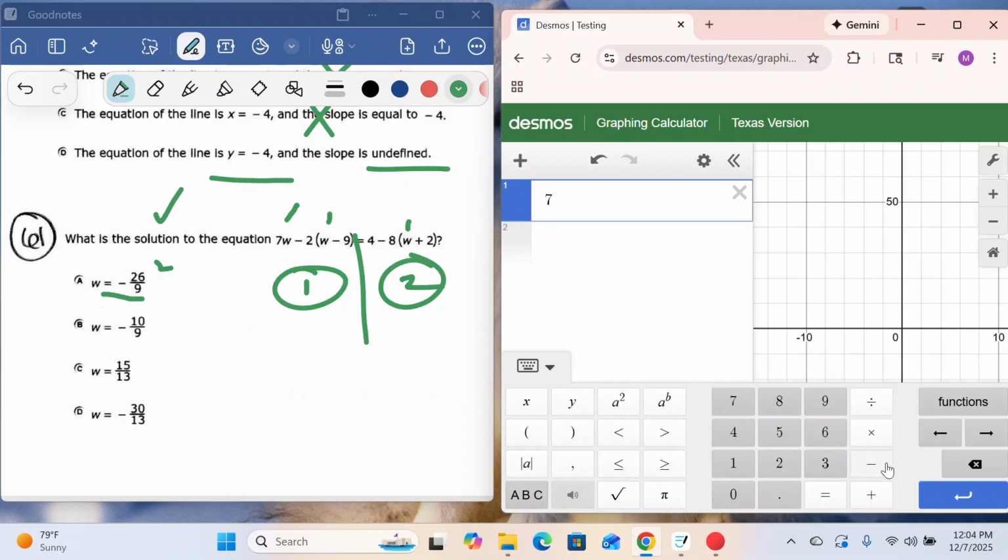7 times -26, and I forgot my minus, so I got to do 7 times -26 divided by 9. And then I got to do my space. I'm going to put my space there. And then I'm going to do -2, open parentheses. W is -26 divided by 9.